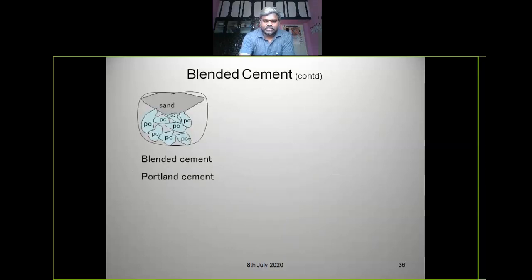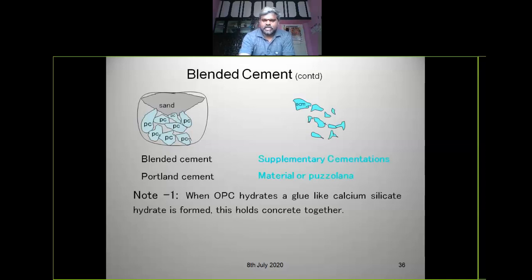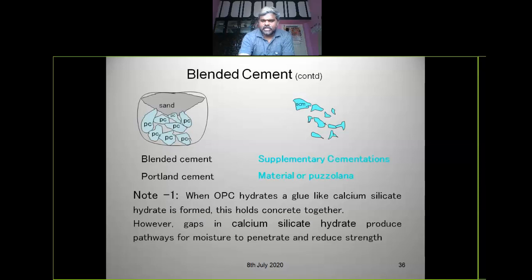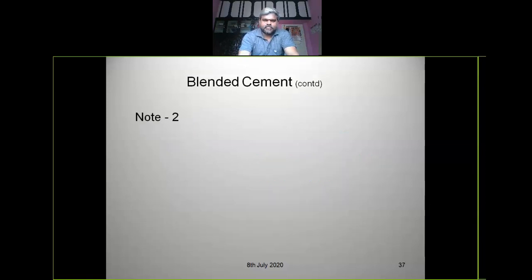Blended cement is Portland cement with supplementary cementitious material such as pozzolanas. When OPC hydrates, a glue-like calcium silicate hydrate is formed. This holds concrete together. However, gaps in the calcium silicate hydrate produce pathways for water penetration and reduce the strength.